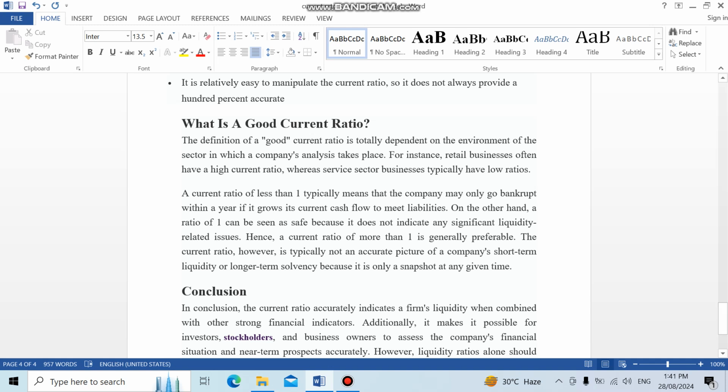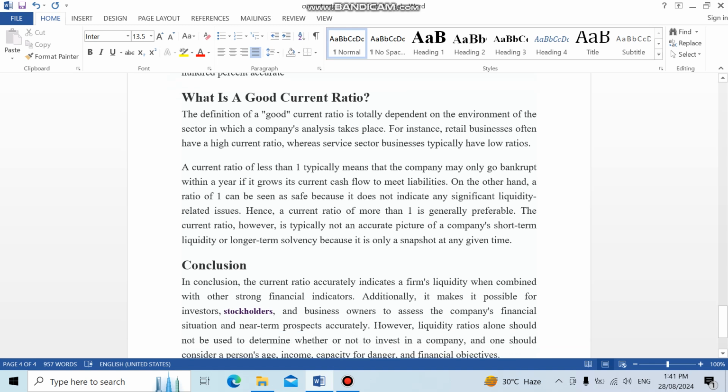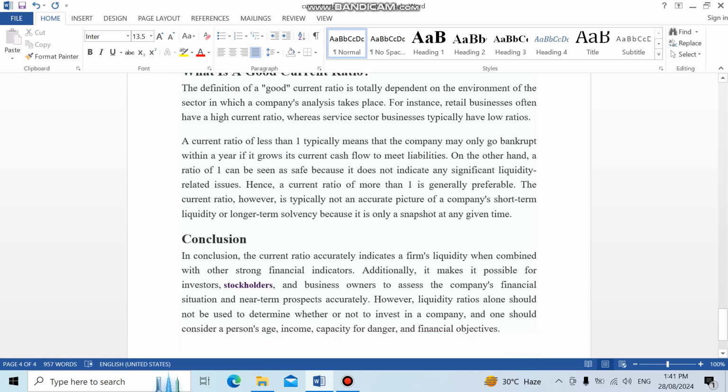On the other hand, a ratio of 1 can be seen as safe because it does not indicate any significant liquidity risk. Hence, a current ratio of more than 1 is generally preferable. The current ratio, however, is not an accurate picture of a company's short-term liquidity or long-term solvency because it is only a snapshot at any given time.